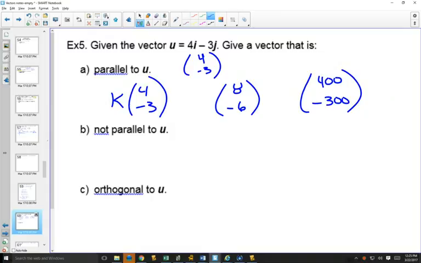It'll be in the opposite direction, but it'll still be parallel. Something that's not parallel, well, as long as it's not a multiple of the first one, it's not going to be parallel.